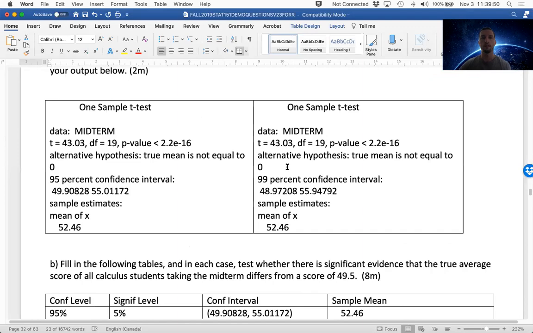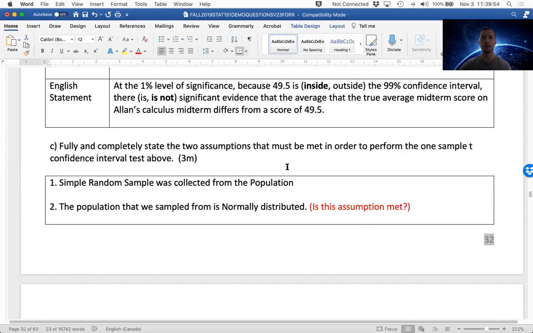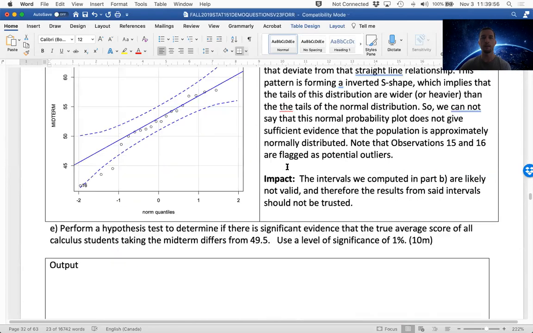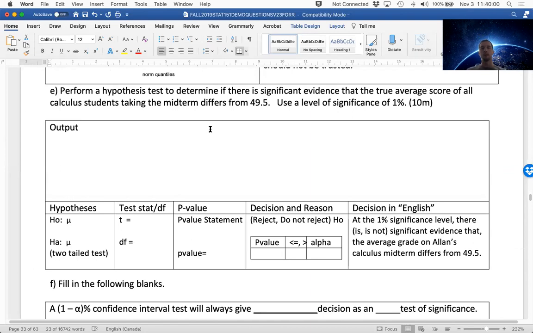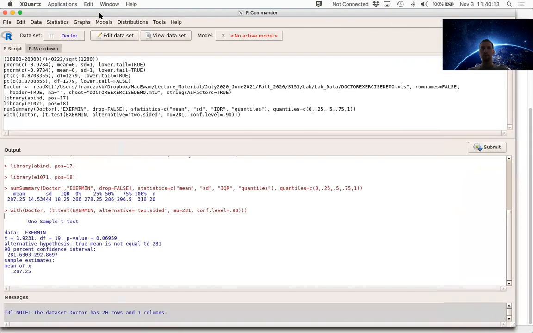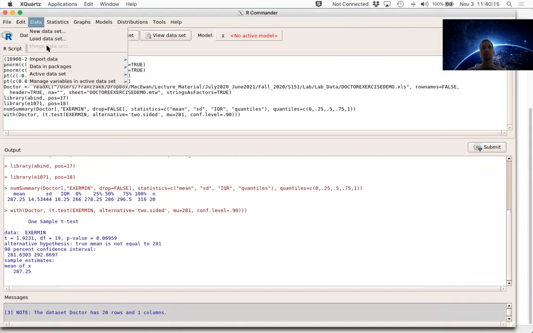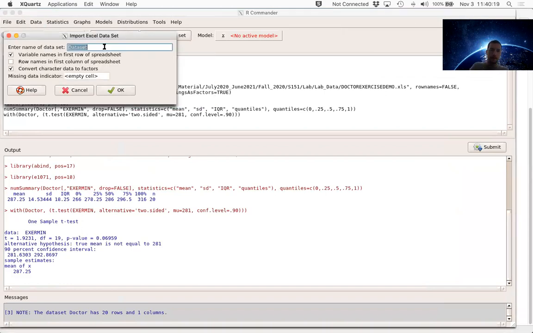Okay, let's see what we have below. So in question 19, we're talking about Alan's midterm data again. So last week we checked all this stuff out. Okay, so here we have: perform a hypothesis test to determine if there is evidence that the true average score of all calculus students taking the midterm differs from 49.5. Okay, so we go to Rcmdr. We're going to import our data. So this will be the Allen data.